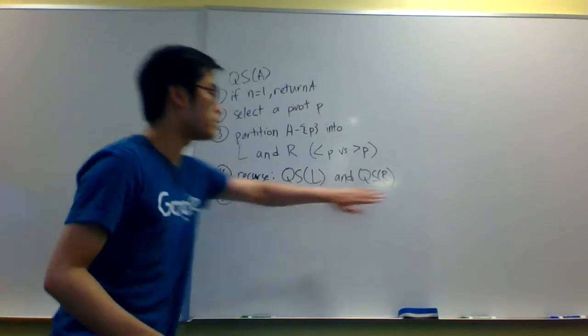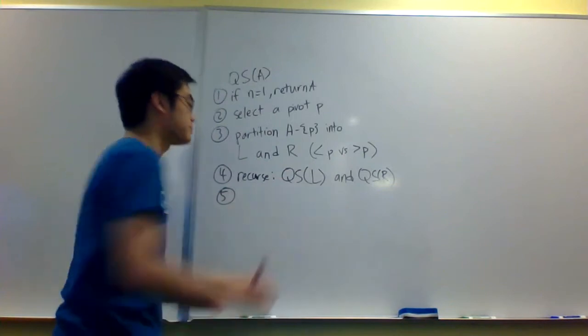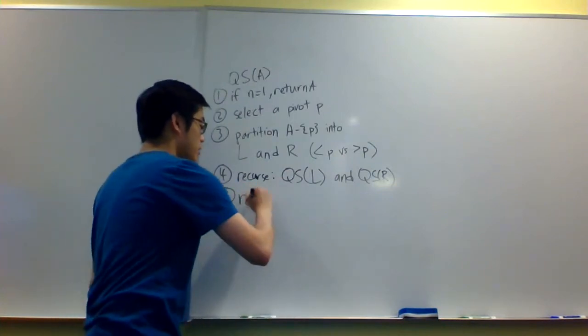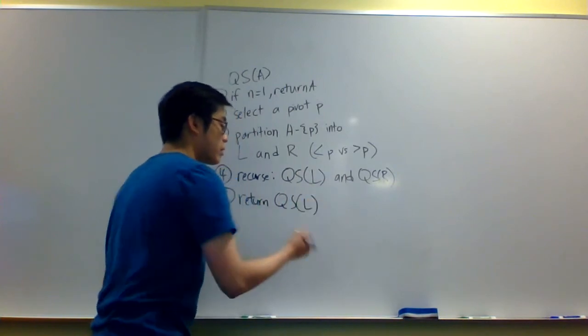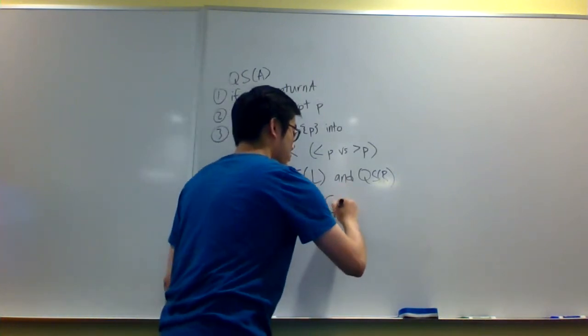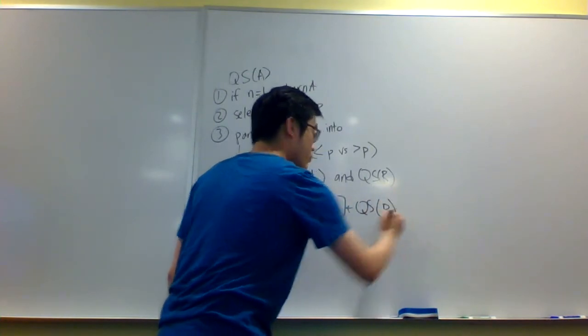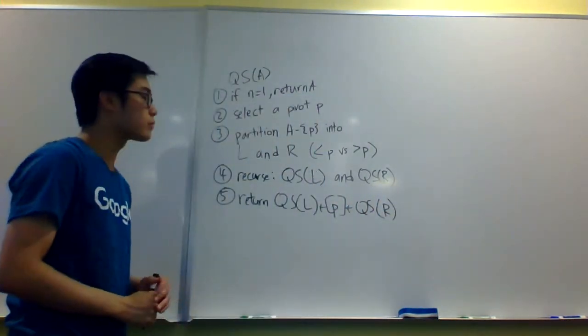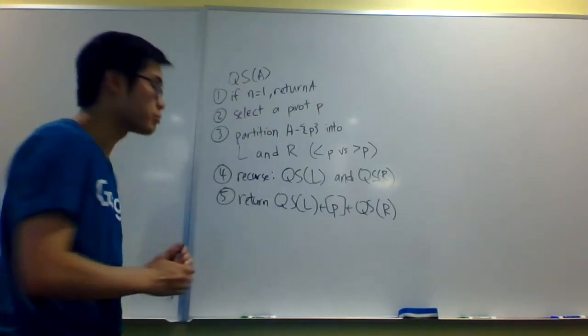Now that we've recursed, we have these two parts, and we just combine them together, and then P goes right in the middle, right? Okay, so that's a very high-level review of Quicksort. I'll do a small example.